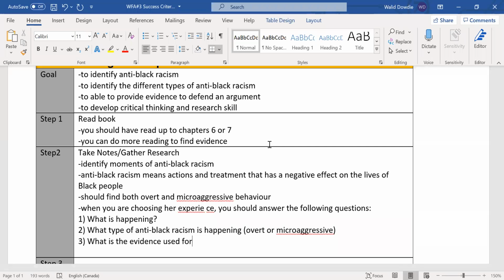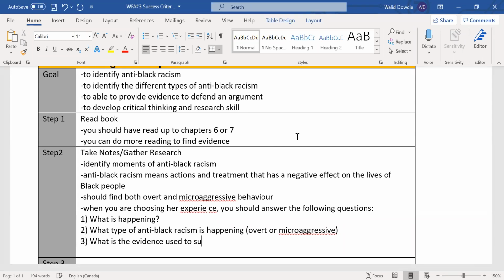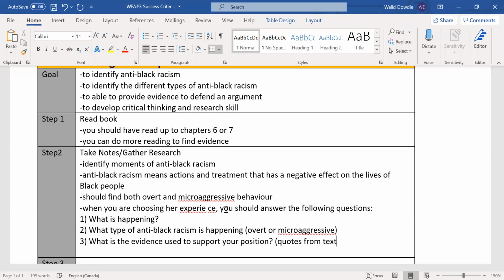Evidence used for two, which means quotes from the text. So the three things we're going to do are: what is happening, what type of anti-Black racism is happening, and what is your evidence used to support this position. That's what you need to do to gather information.